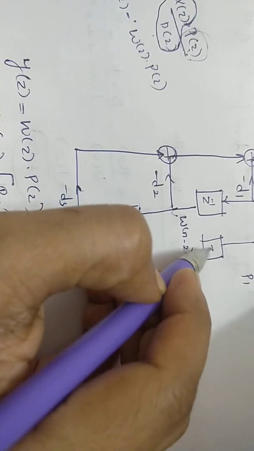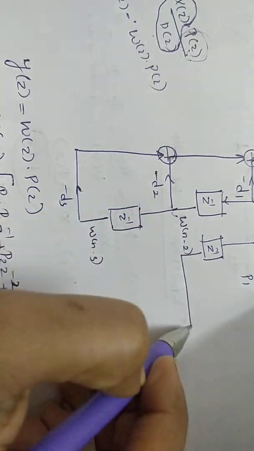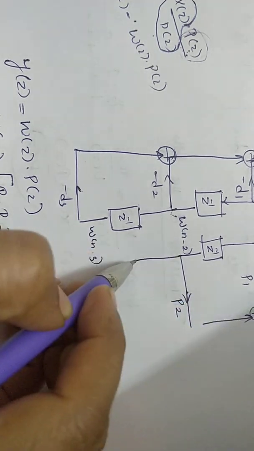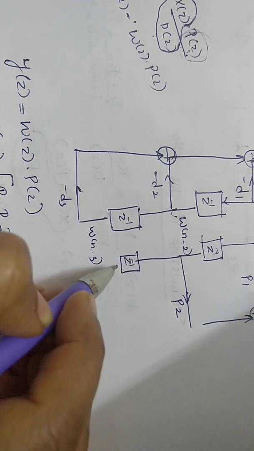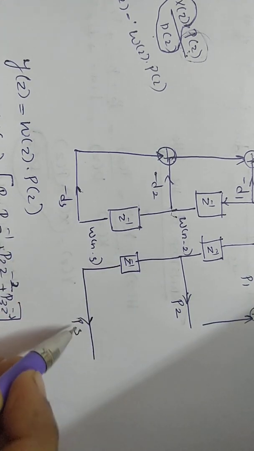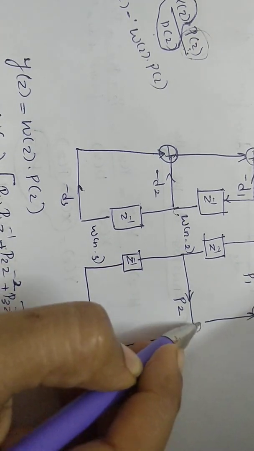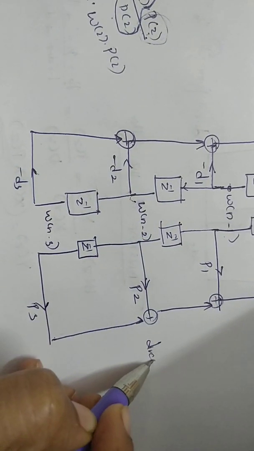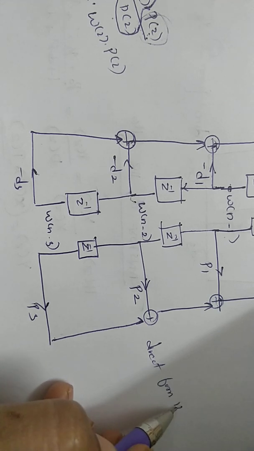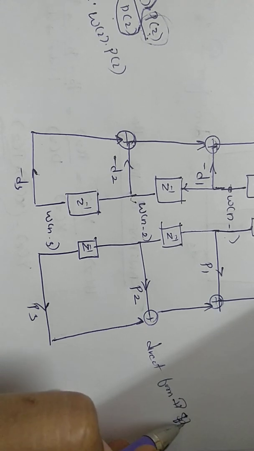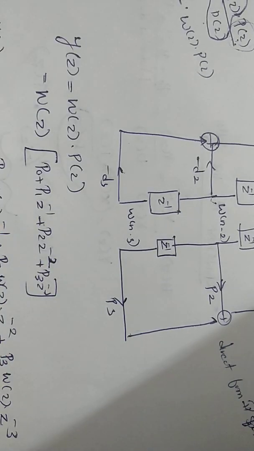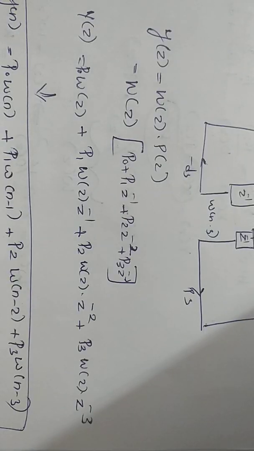For getting w of n minus 2, another delay term multiplied with p2 and added here. Similarly, z inverse here, p3 added here. So this is the direct form 1 structure.